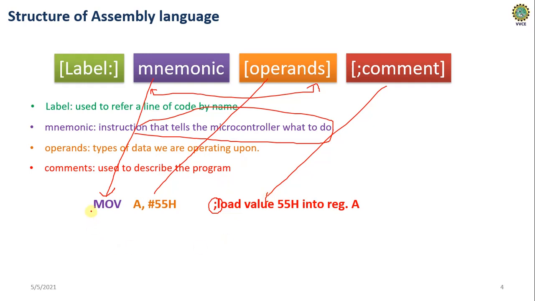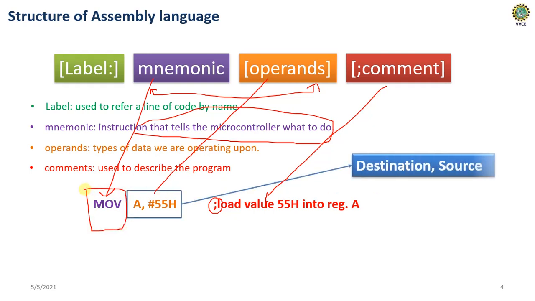Move is basically the instruction used to copy the data from source to destination. Here, the first operand written is always the destination, and this is the source. Move is the mnemonic, or operation code, or opcode, which tells the microcontroller what to do.